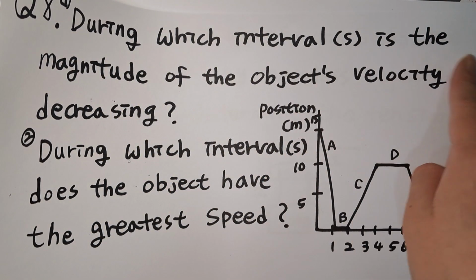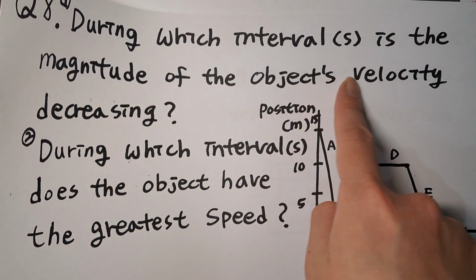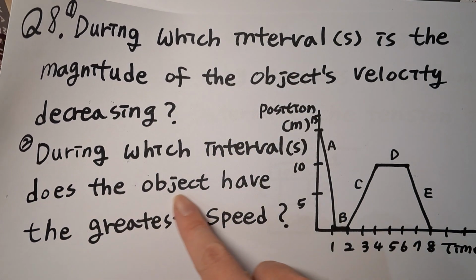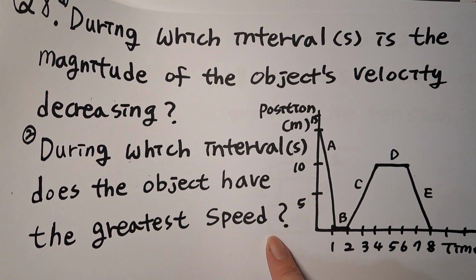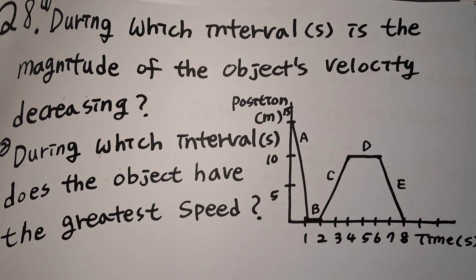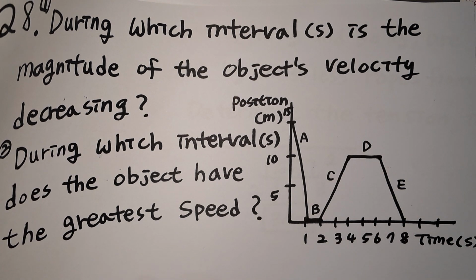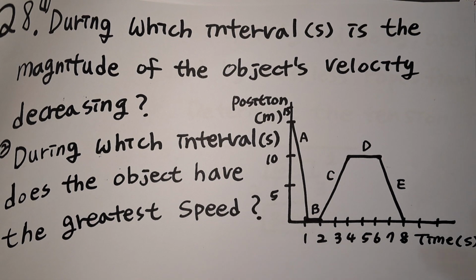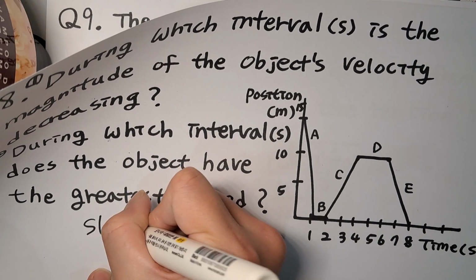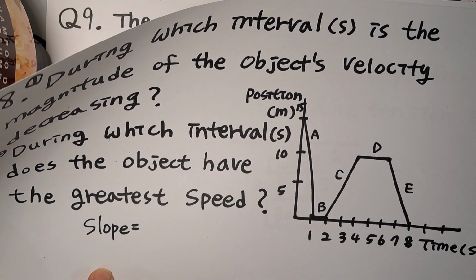During which intervals is the magnitude of the object's velocity decreasing? During which intervals does the object have the greatest speed? So the slope is going to be this.